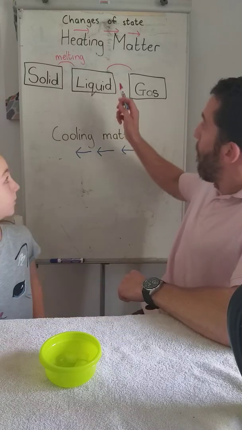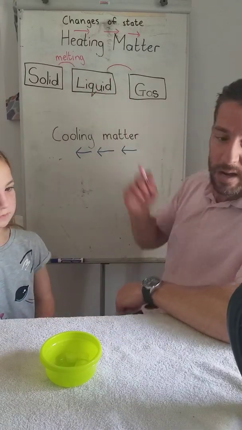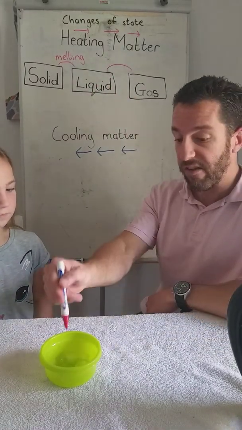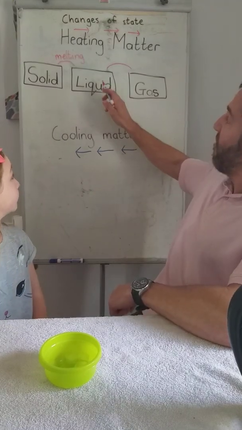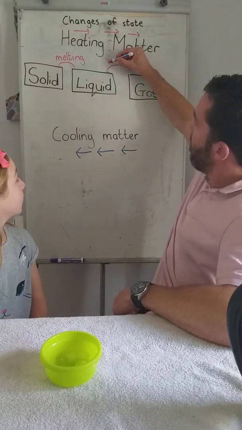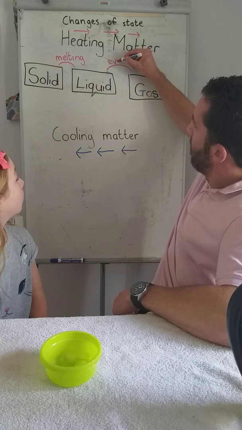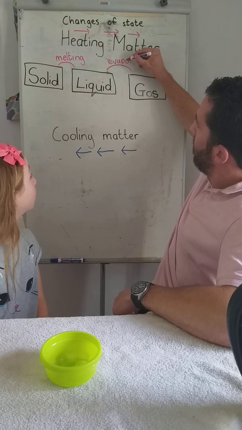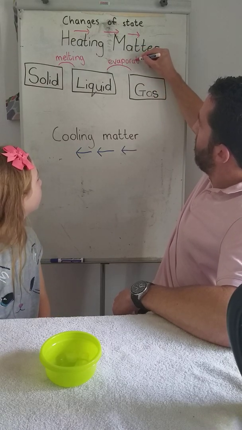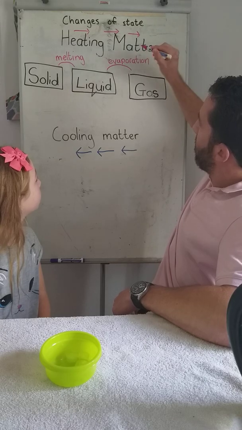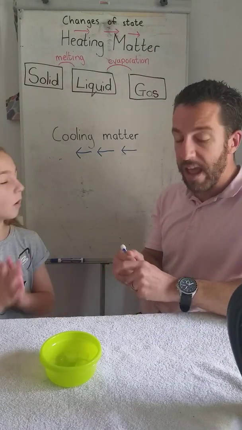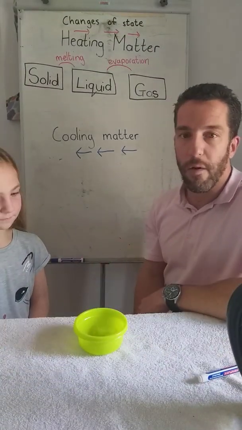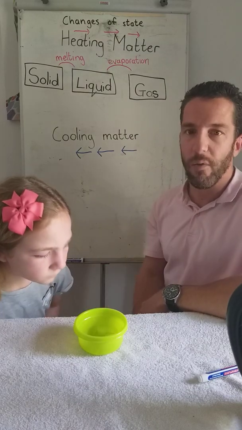All right? And we call that process of a liquid, just like the boiling water, just like the ice over there, changing from a liquid to a gas, evaporation. Okay? That puddle of water from our ice blocks, which turned into a puddle of water, hasn't disappeared.